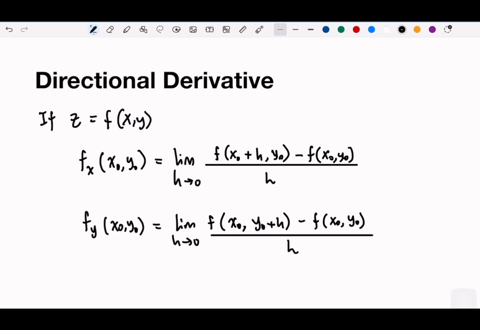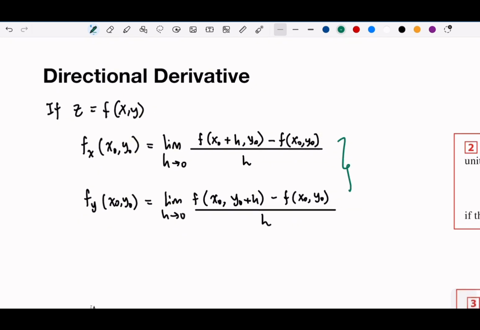So both of these represent rate of change, right? Each one of them in terms of x or y directions, okay? Which means it will be parallel to each unit vector in the x-axis and y-axis. So our goal, if you look at the words directional derivative, you know the directions because we are dealing with vectors.